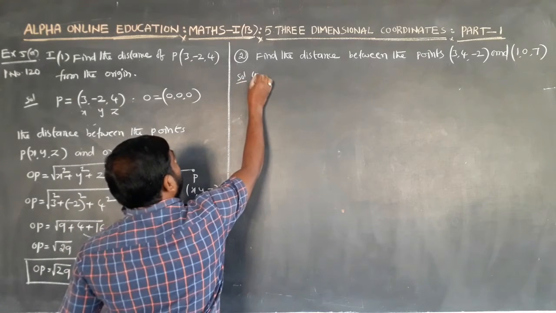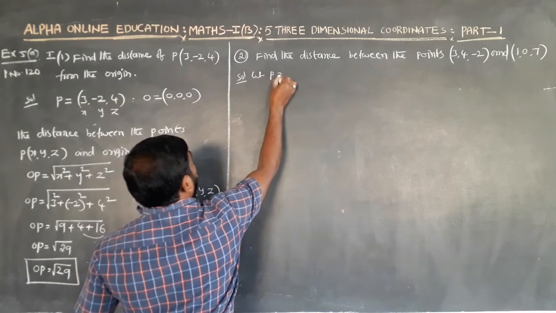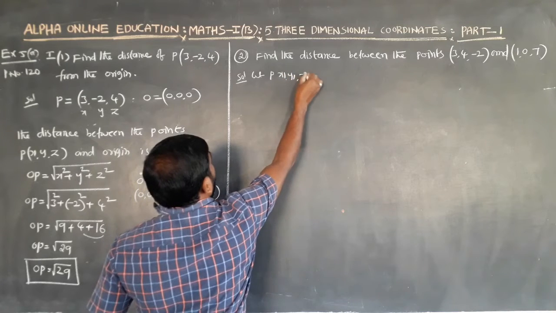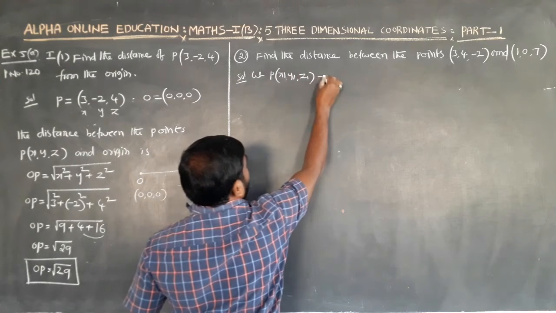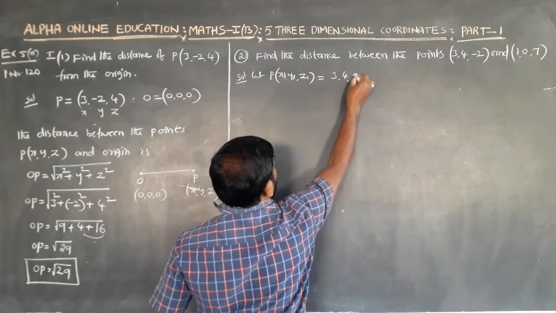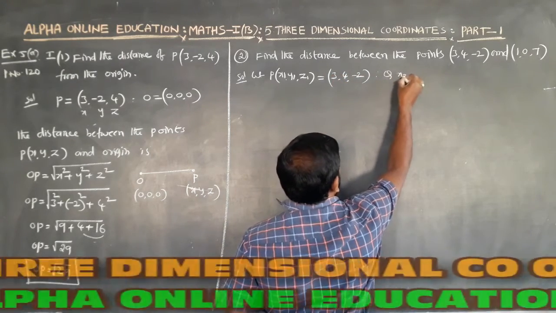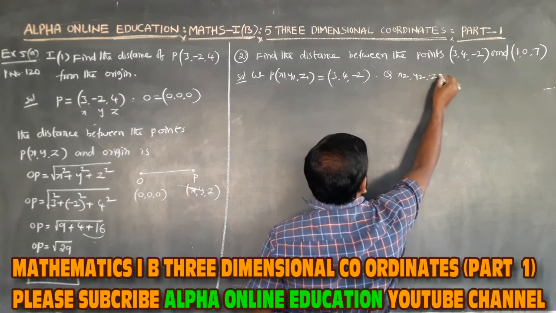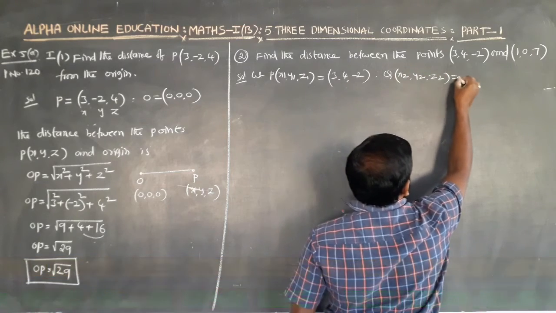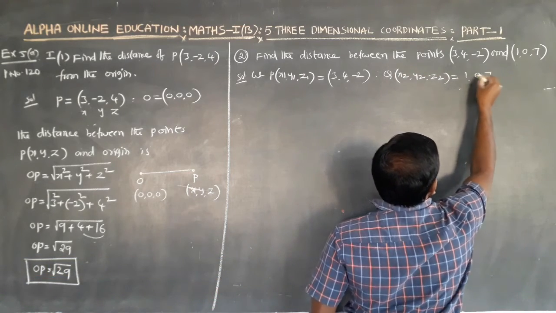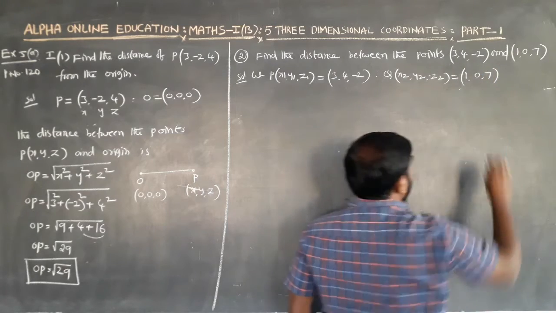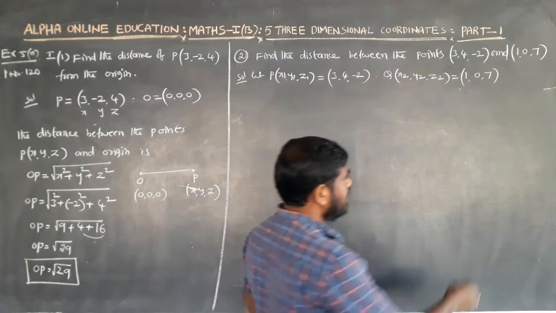Here given, let P point x1, y1, z1 be 3, 4, minus 2 and Q point x2, y2, z2 be 1, 0, 7.